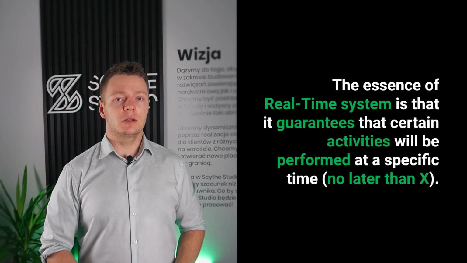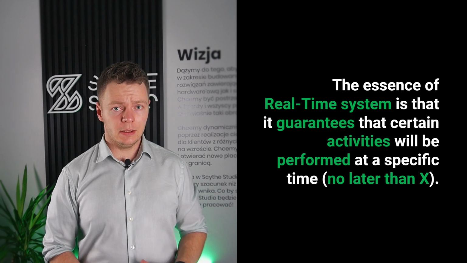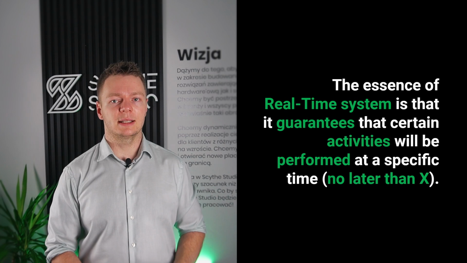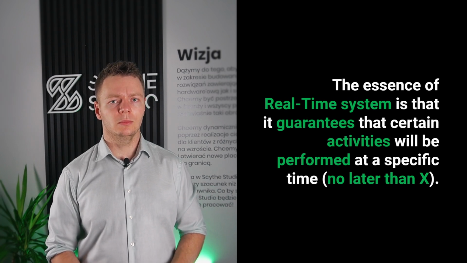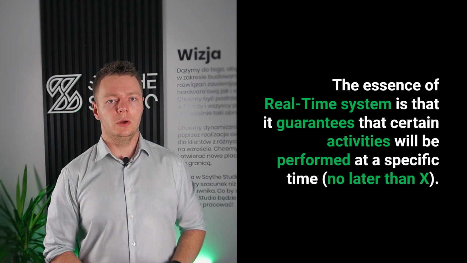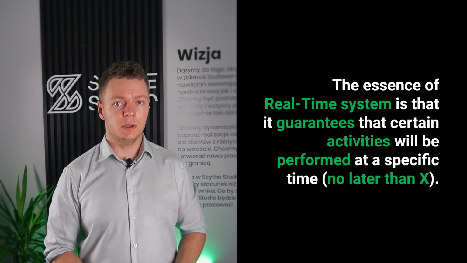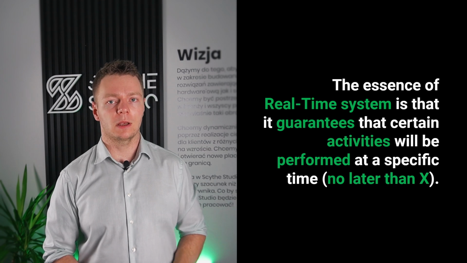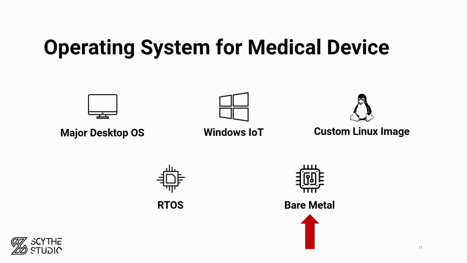So the essence of real-time system is that it guarantees that certain activities will be performed at a specific time. Traditional systems only use task, thread, process priorities, but do not guarantee rigid time frames. The popular case for real-time systems are infusion pumps, as they have to dose precise amounts of medication at specific time frames.